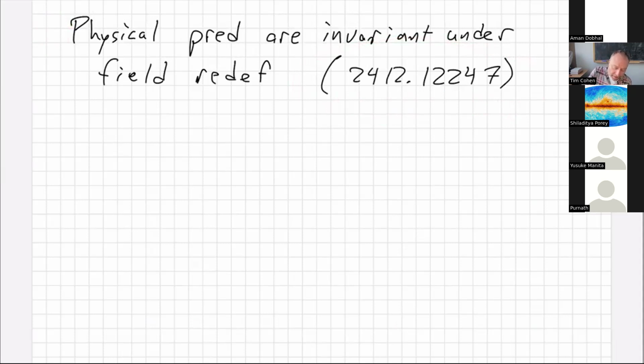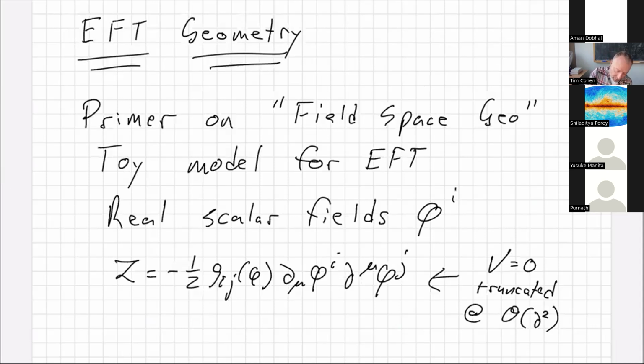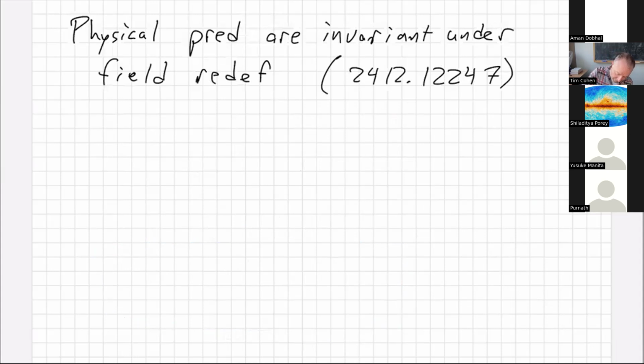So the idea of EFT geometry is to take this fact that's a textbook fact about, say, S-matrix elements and make it manifest. And the key is that if we go back to this Lagrangian here, let me do some quick iPad magic.